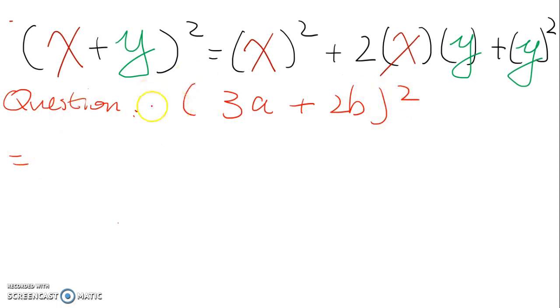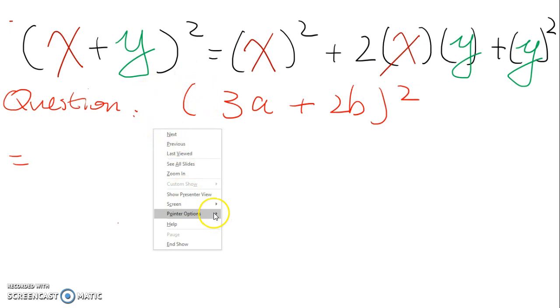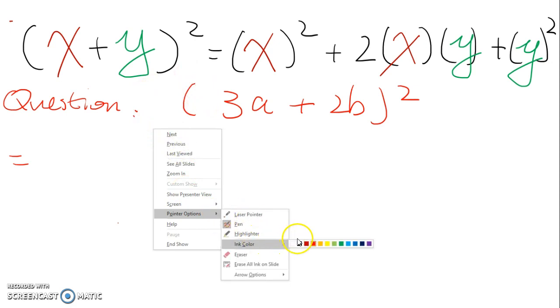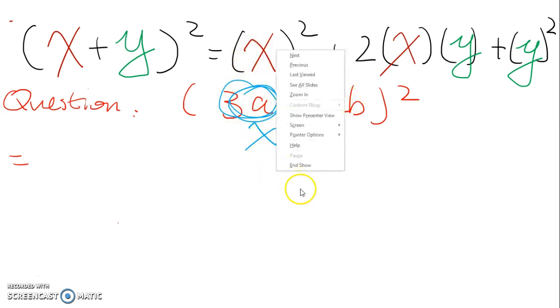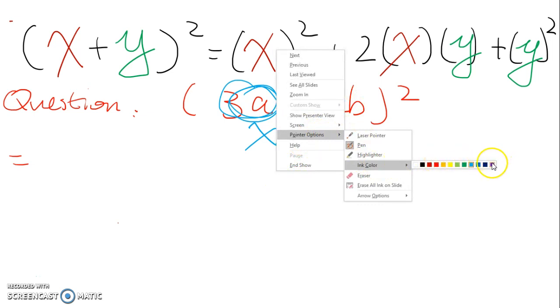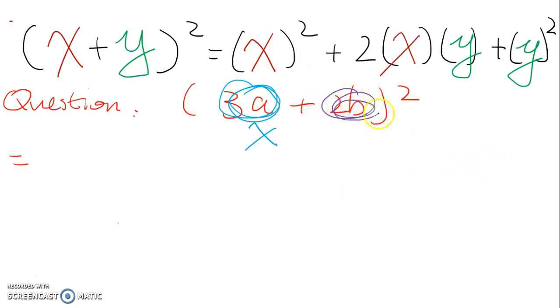Now, hopefully we all realize the 3a is pretty much the x, and 2b is pretty much the y.